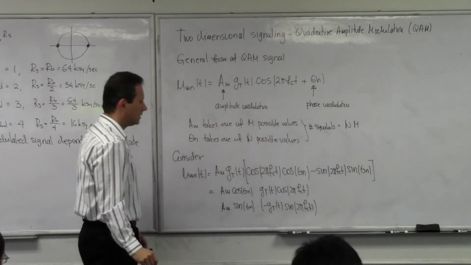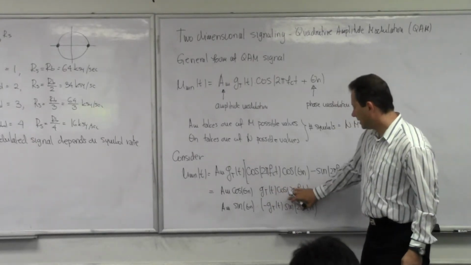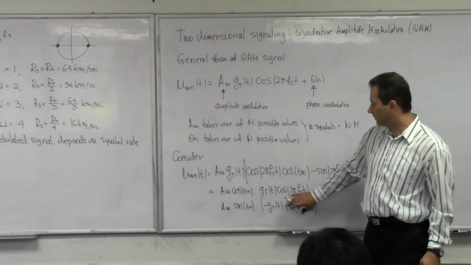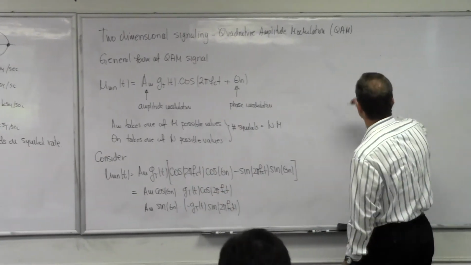Okay? And then I realize, oh, these two things here are nothing but my basis vectors, right? This one is square root of energy times psi 1. This one is square root of energy times psi 2.